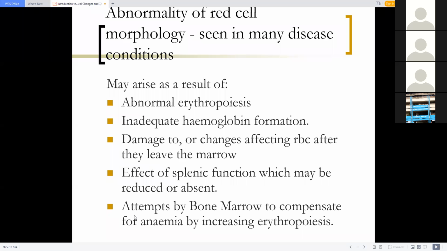For example, we know that erythropoiesis is regulated by various types of cytokines and hematopoietic growth factors. So if there is a problem in that regulation, then you're going to get abnormal erythropoiesis.